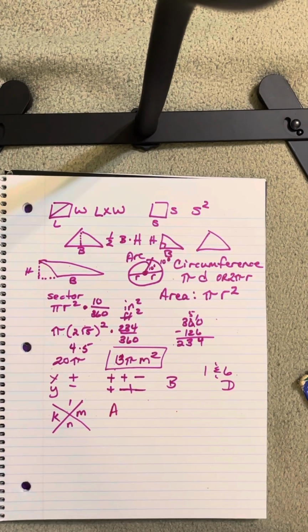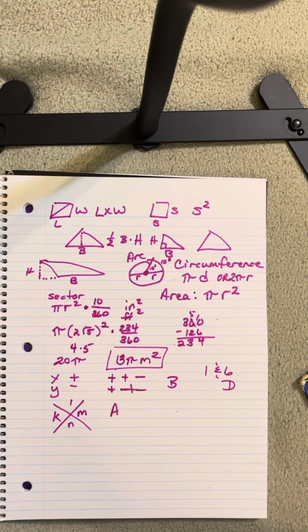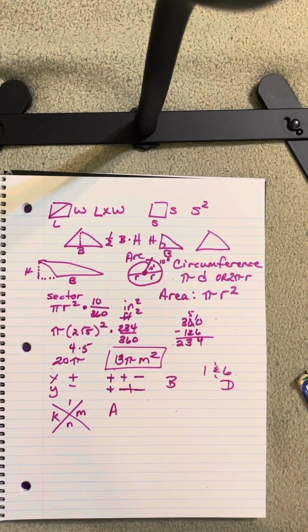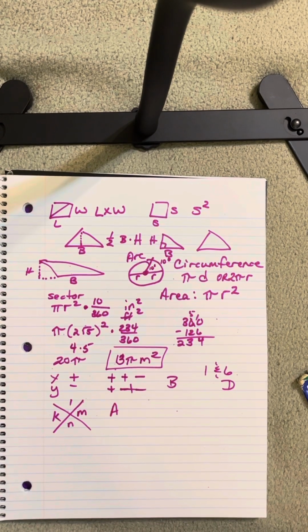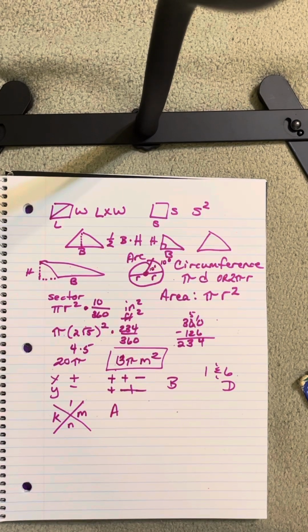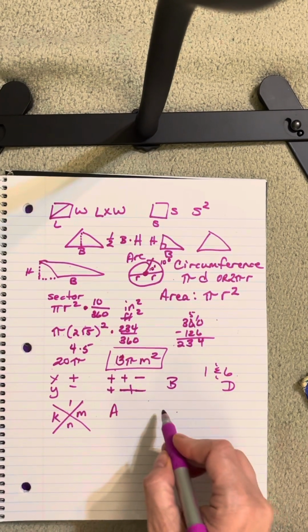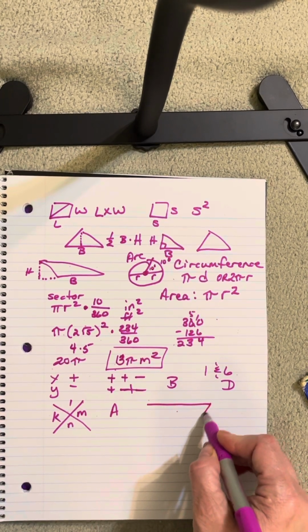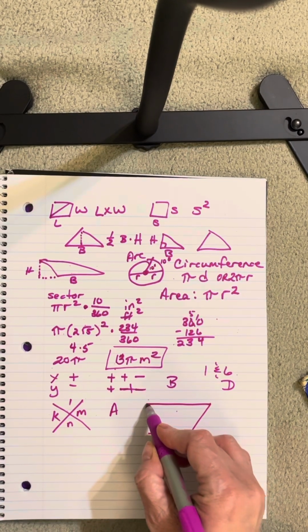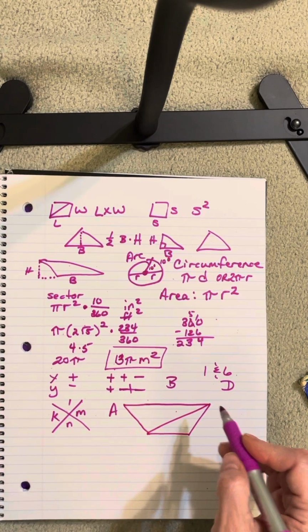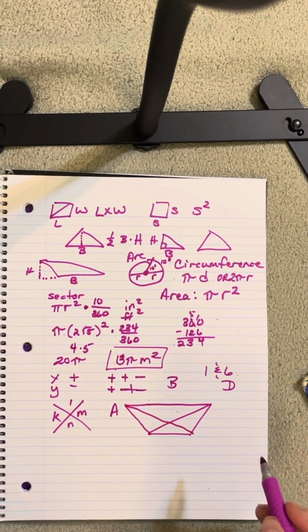Example 5 at the bottom of page 11. Given this diagram with segments ZW and XY being parallel, compare the area of the two given triangles. Okay, this one and this one are forming the triangles.